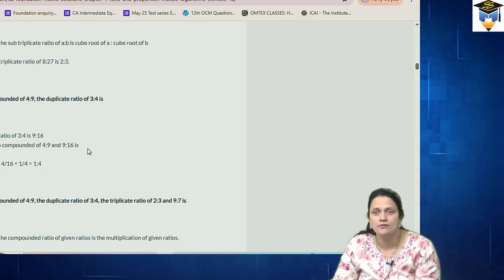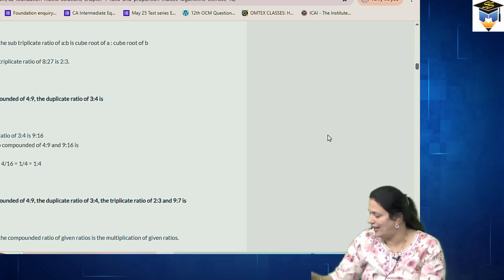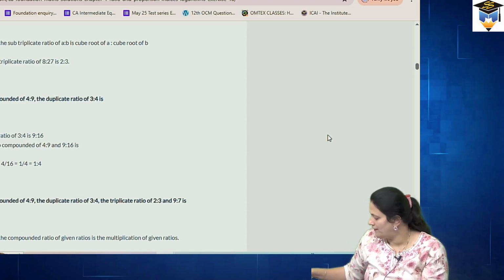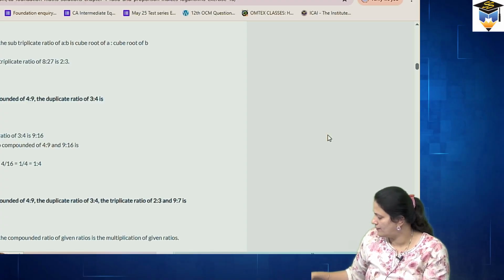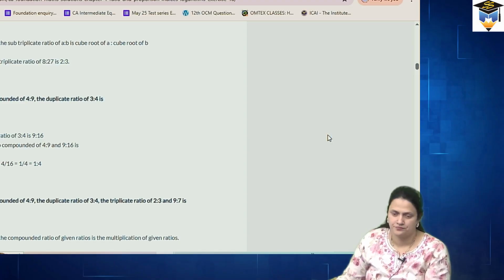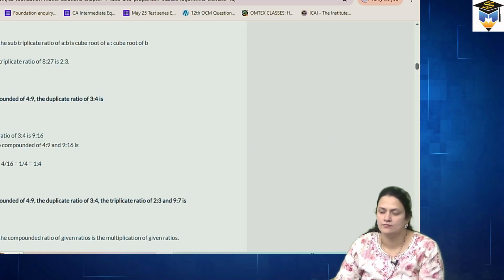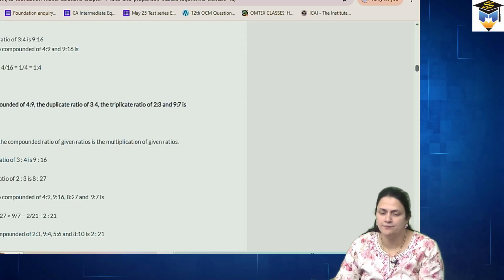So option A. For the ninth one, option A. This is exercise 1A that we are solving. Done. Now the 10th sum.